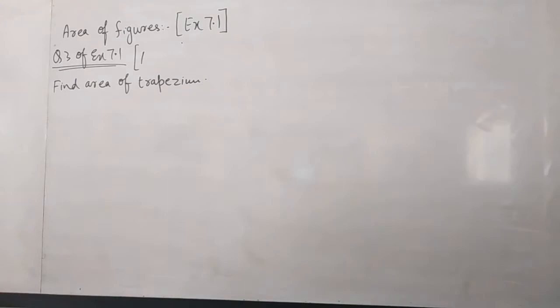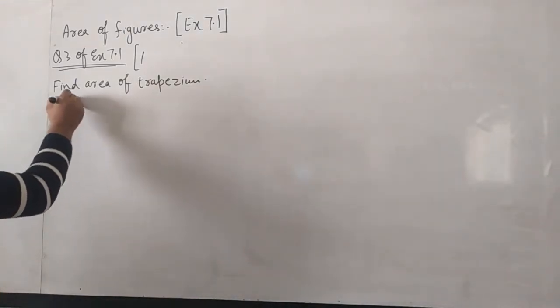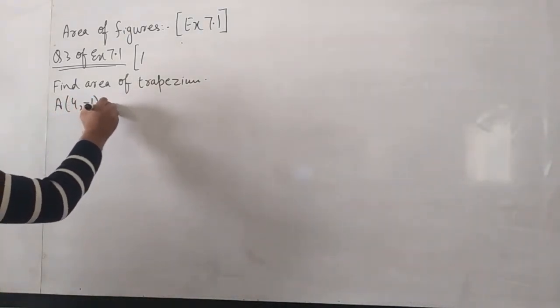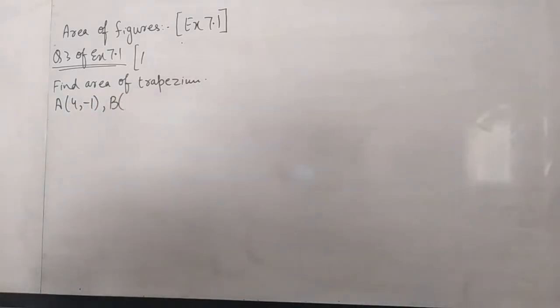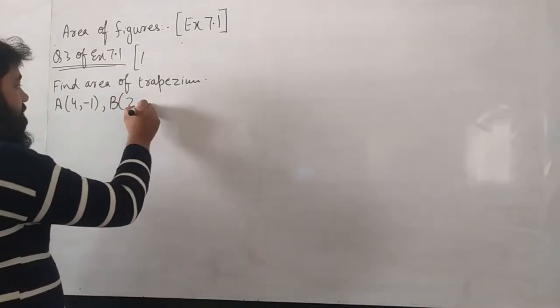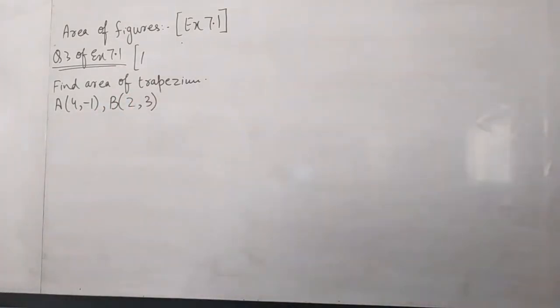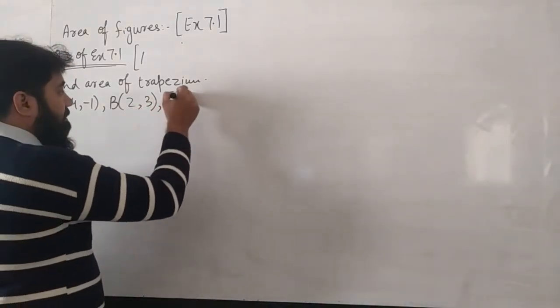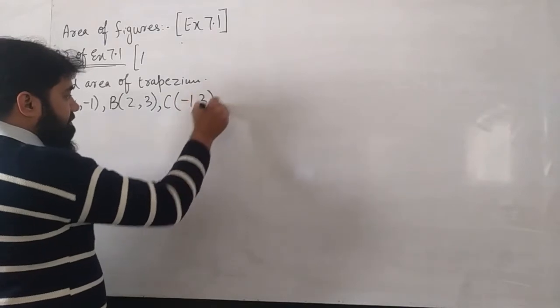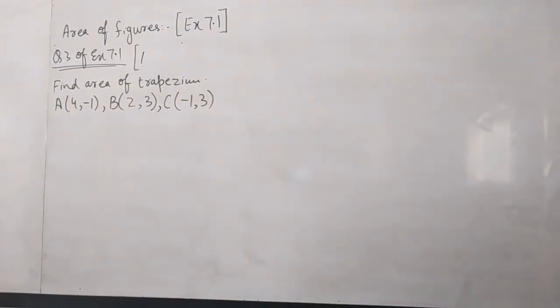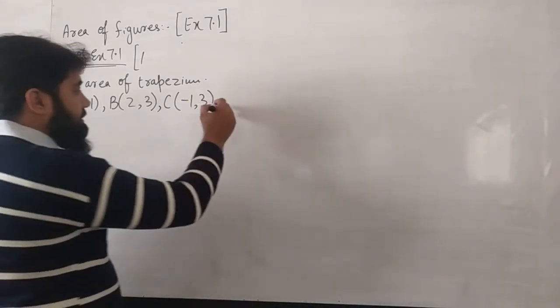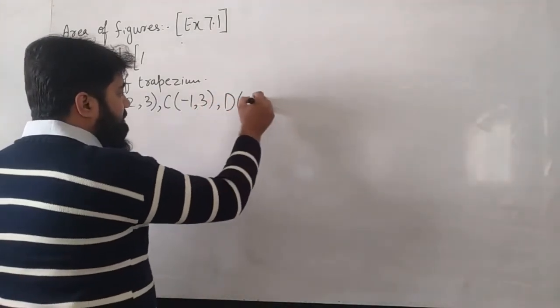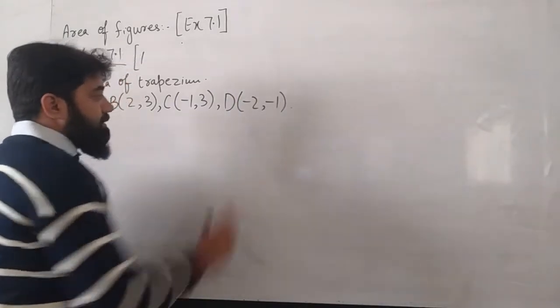Right, now the coordinates are given. A is (4, -1), B is (2, 3), C is (-1, 3), and D is given to me as (-2, -1).